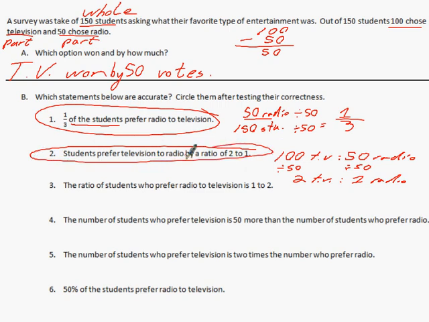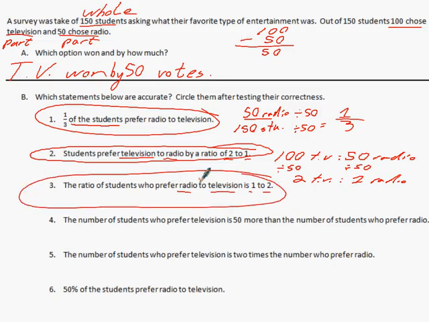That works. Number 3, the ratio of students who prefer radio to television is 1 to 2. Now, the last one was TV to radio, therefore it's 2 to 1. This one is radio to TV, therefore it's 1 to 2. That's okay. If you swap the words around, you have to swap the numbers around.